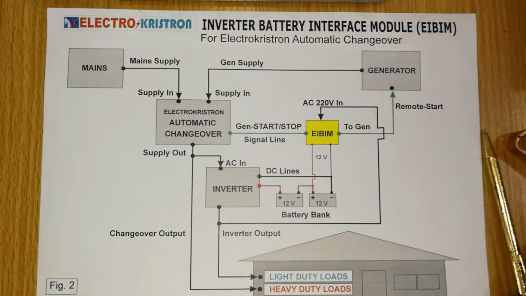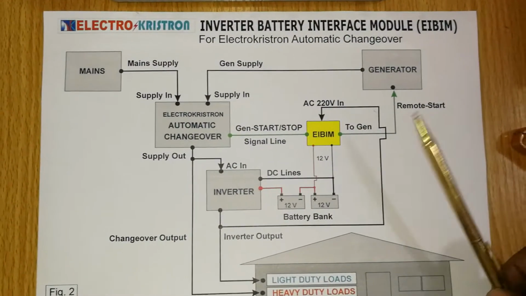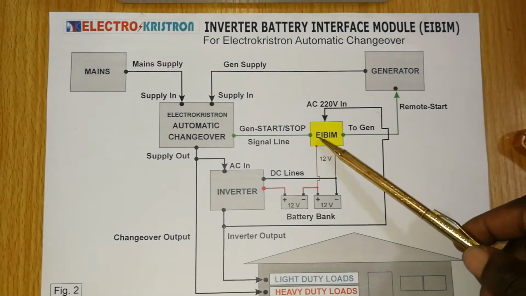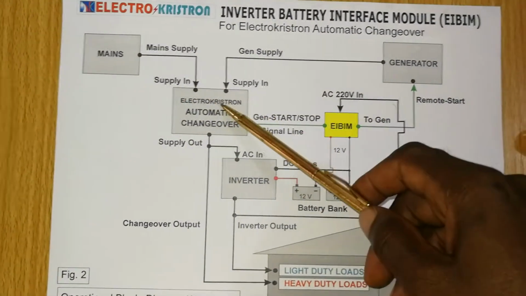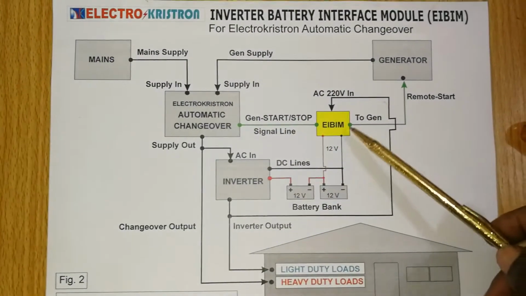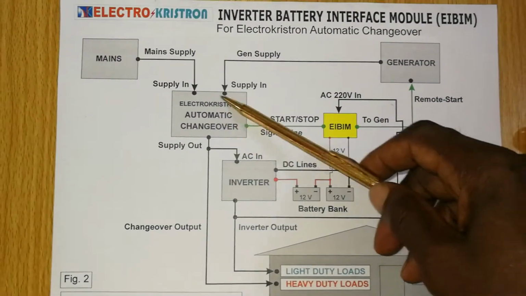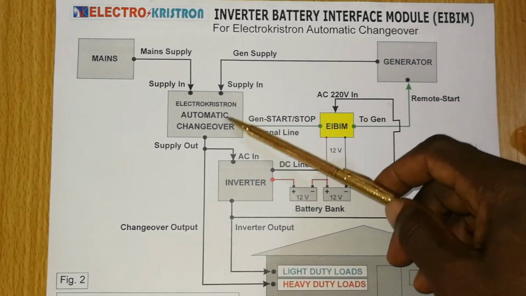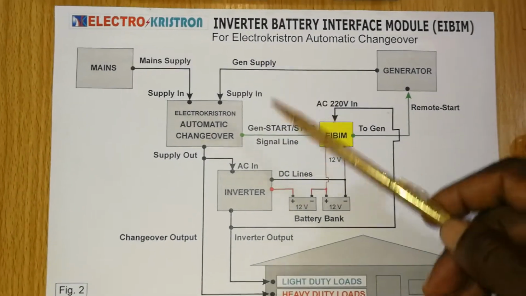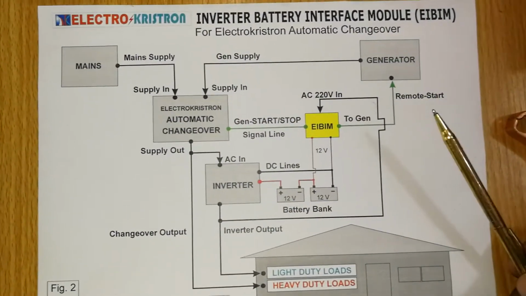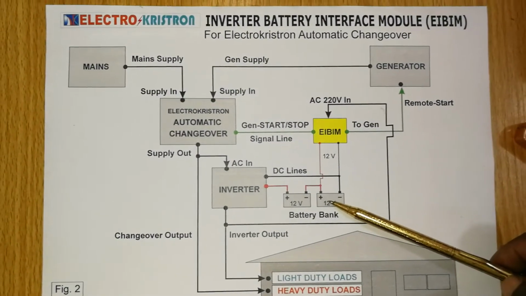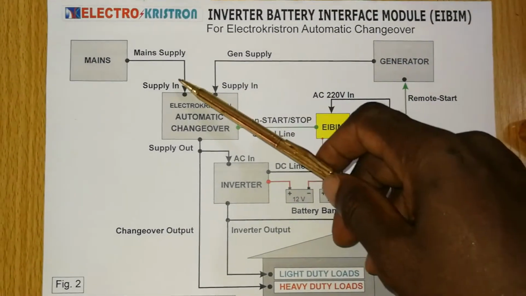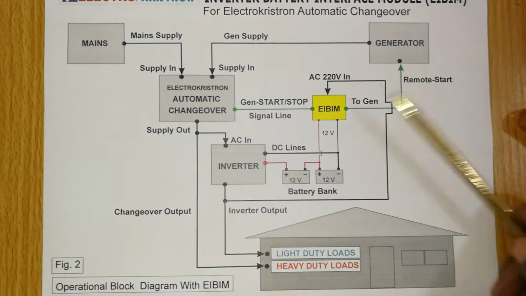automatically. That is not to say that if your gen was running already and NEPA or mains comes back, the ATS, the automatic changeover, is there to do its automation thing and automatically shut down the generator irrespective of whatever level of charge the battery has attained, because once it changes over to mains, the batteries will continue to charge from that point on.